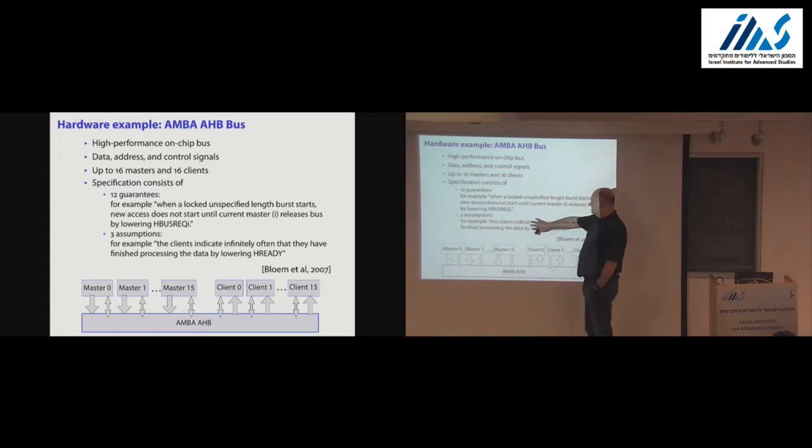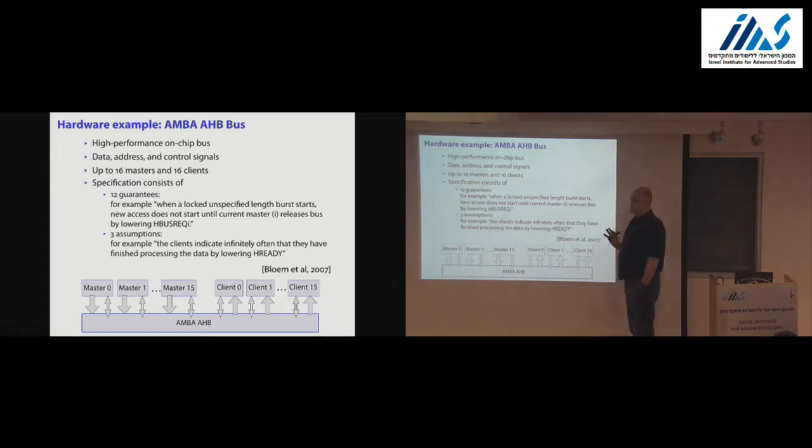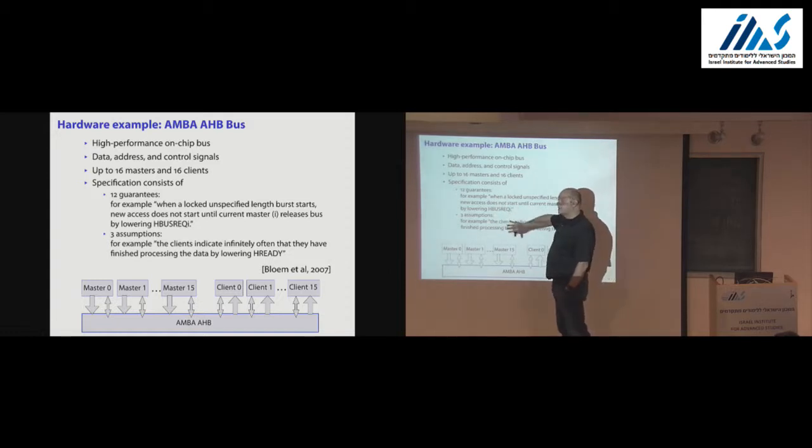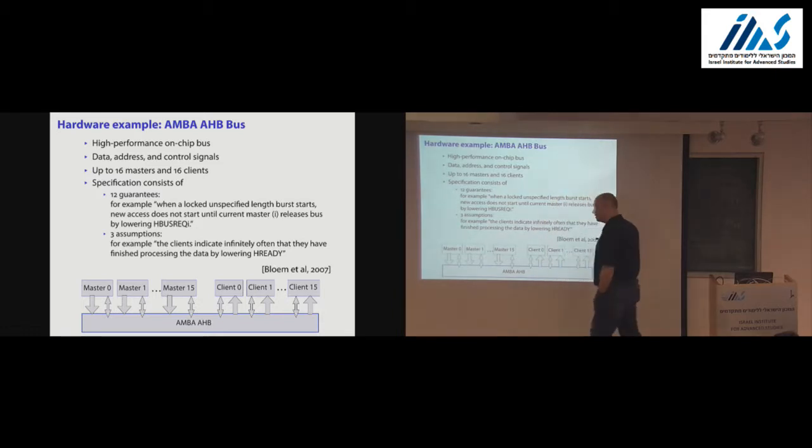For example, that the clients indicate infinitely often that they have finished processing their data, and they do that with some signal, in this case by lowering h-ready, right? So what you do is you have a fairly short specification along the lines of 15 LTL formulas.